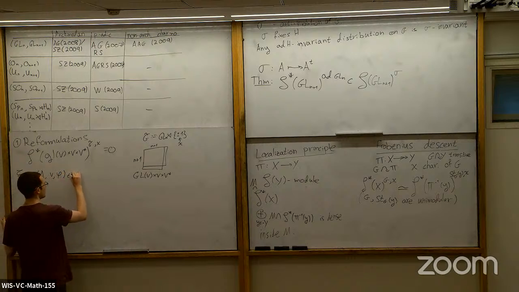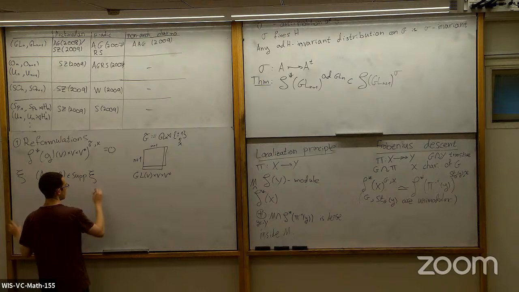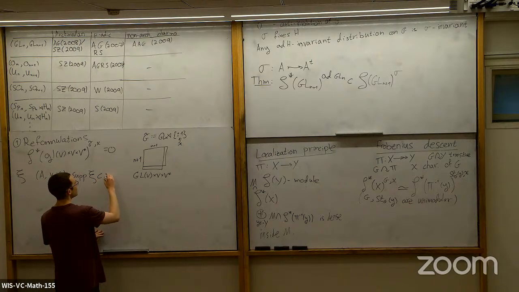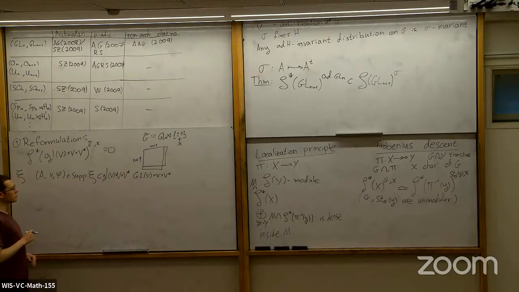So it's inside the support of psi, which is inside GL(V) times V times V star. Okay, so we want to restrict the support.